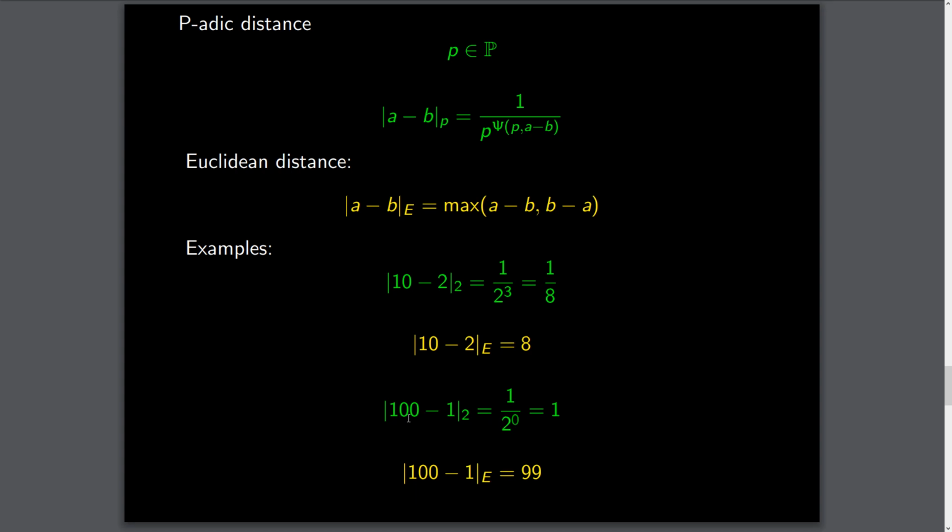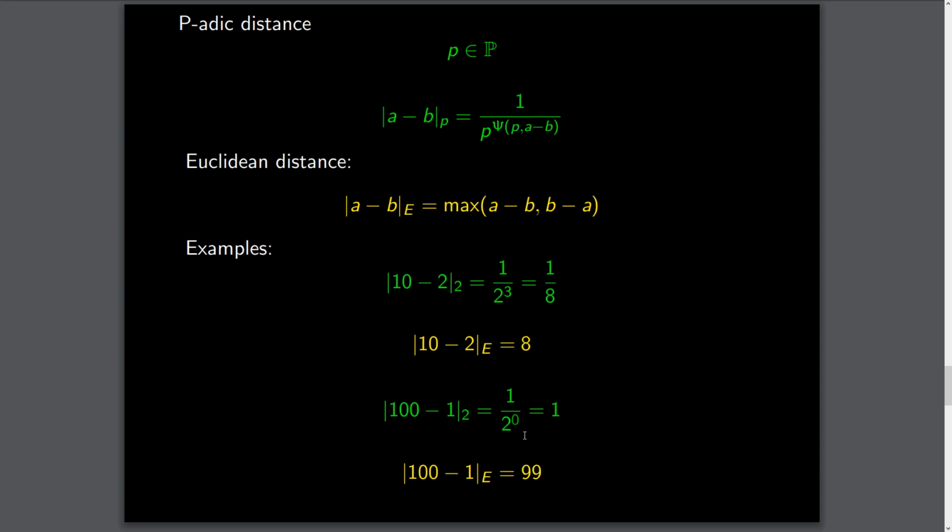So the two-adic distance of 101 and 2 will be 1 divided by 2 to the 0, which is 1. It means that certain numbers can be very far apart from each other in one distance, but in another concept of distance, they can be very close.